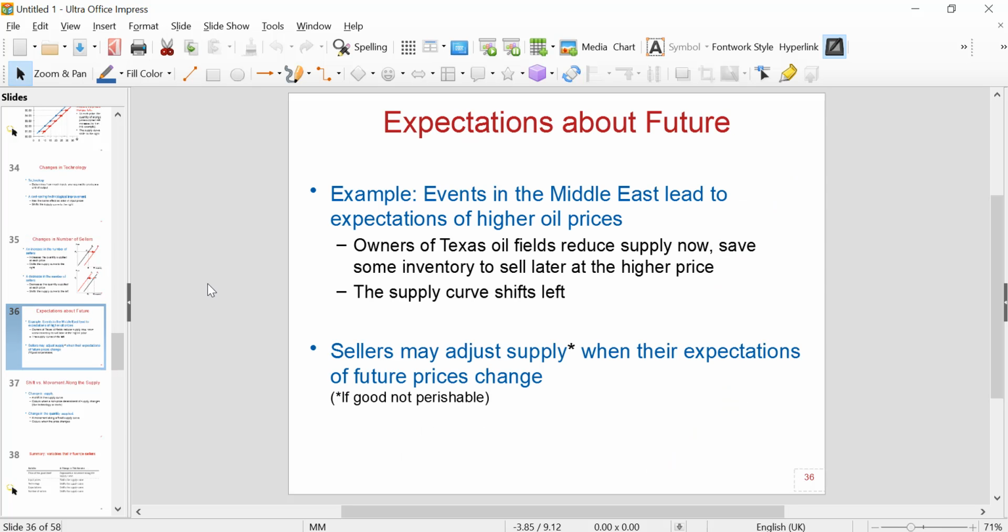Expectations, just like in the case of demand, affect supply as well. Let's assume that there is a war event in the Middle East. The Middle East is known for its oil resources, and many of these countries supply oil to the international markets.